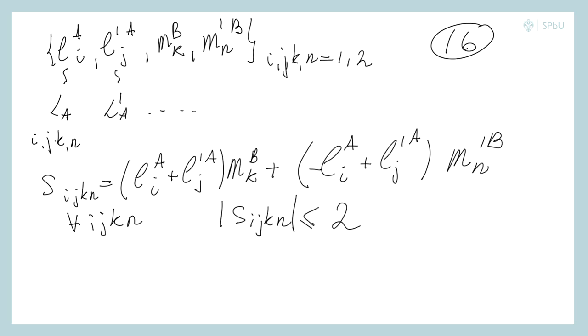Suppose we don't know the state in which the A plus B system is. So, we don't know which values exactly the observables LA, L prime A, MB, and M prime B take. And therefore, we don't know the value of S. In other words, we don't know the indexes i, j, k, n. However, we are interested only in the average of S and its borders.